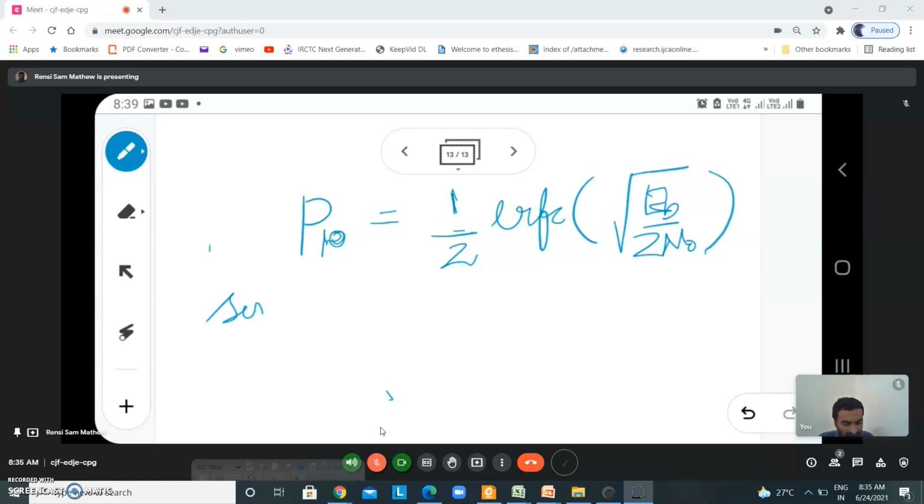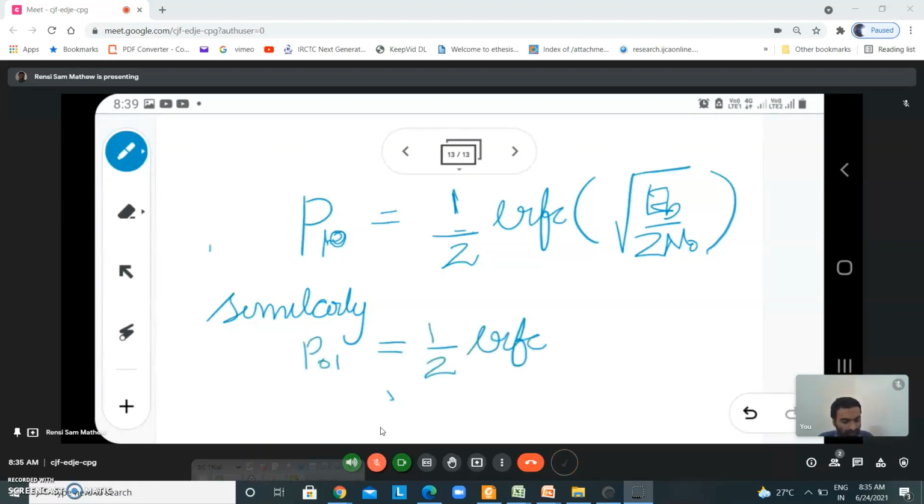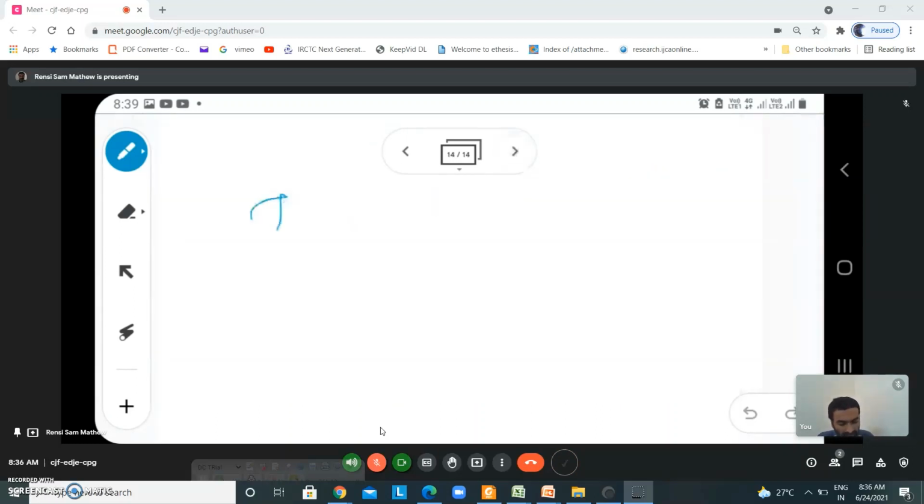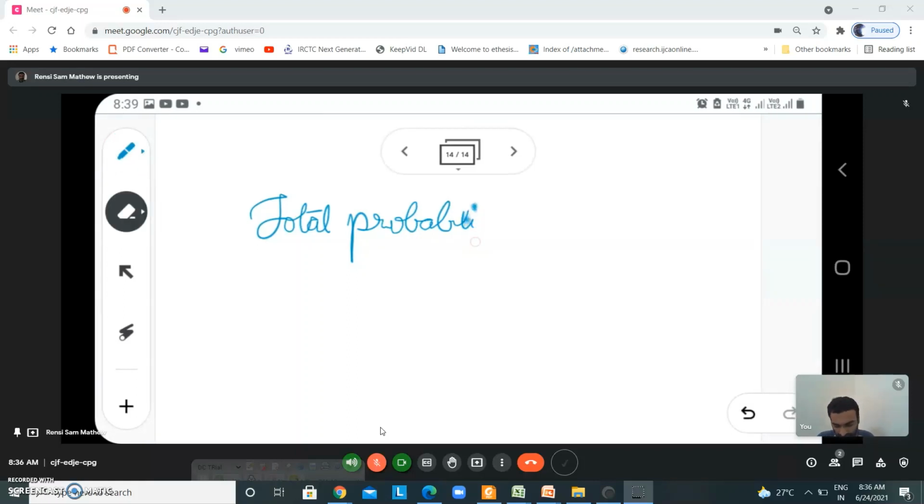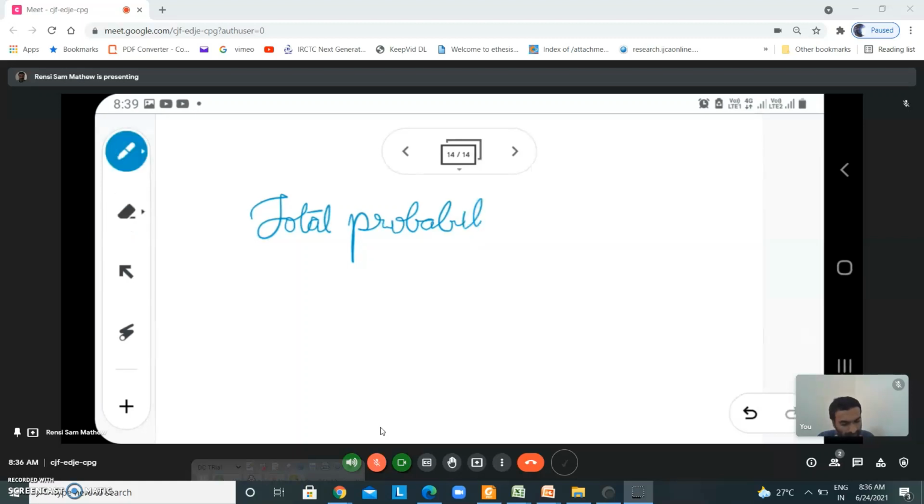Similarly, I can write P01. This is also equal to the same. And what is the total probability of error? It is equal to P10 into P of 0 plus P01 into P of 1.